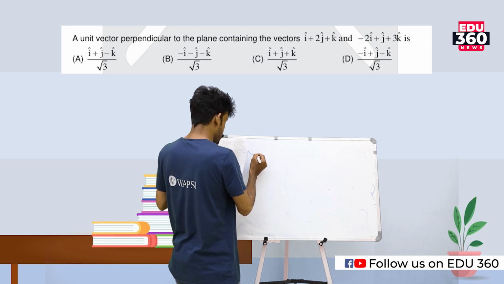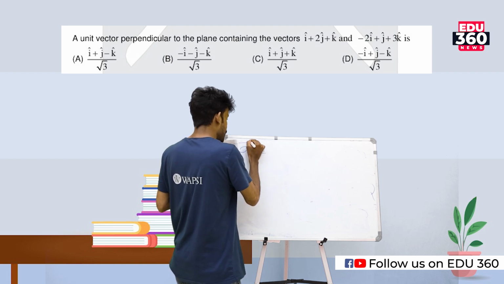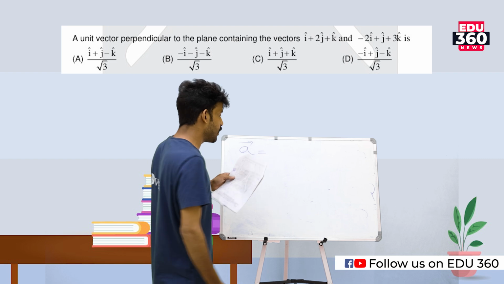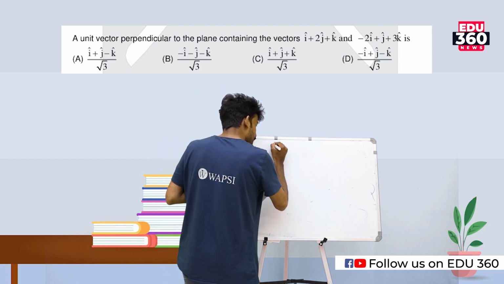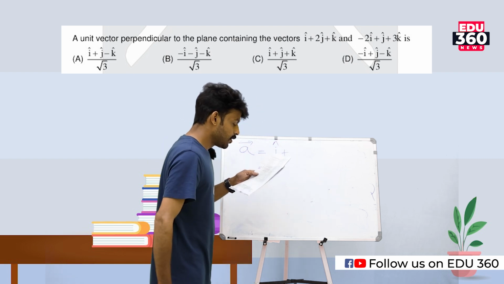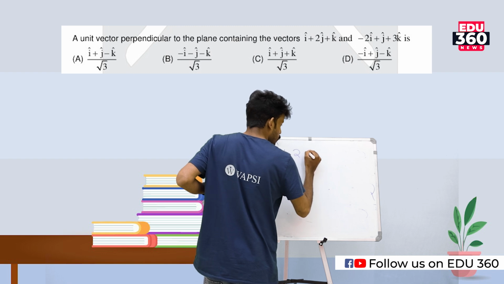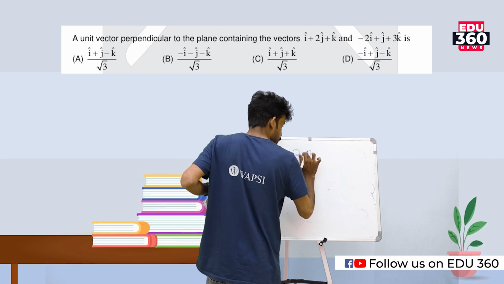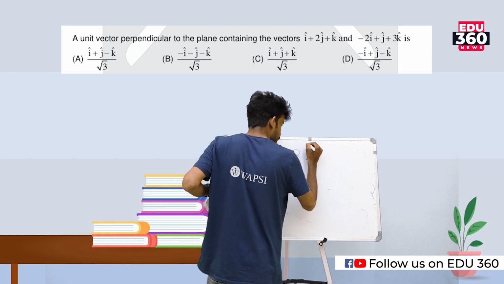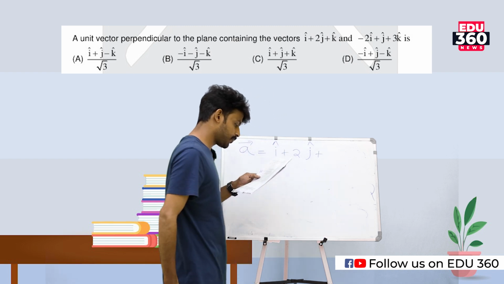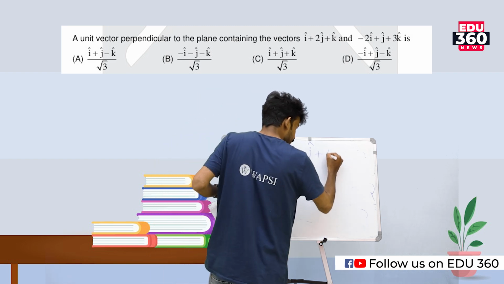We can name the first vector as vector A is equal to I cap plus 2j cap plus k cap.